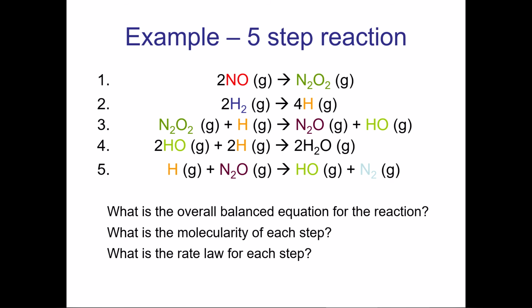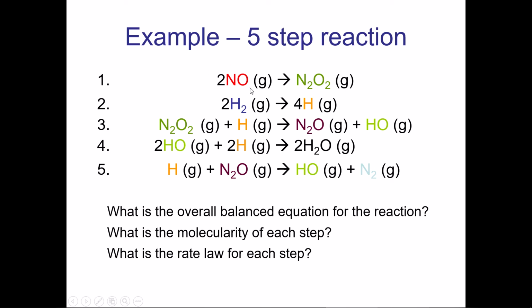So let's look at an example. We have a 5-step mechanism for our overall reaction. For each step, we want to look at what the molecularity is and what the rate law would be. And then we want to get an overall balanced equation for what the reaction is. So let's look at the first step. 2NO produces N2O2.